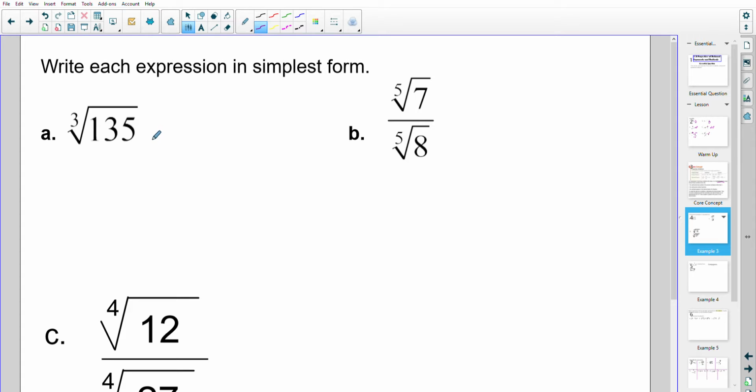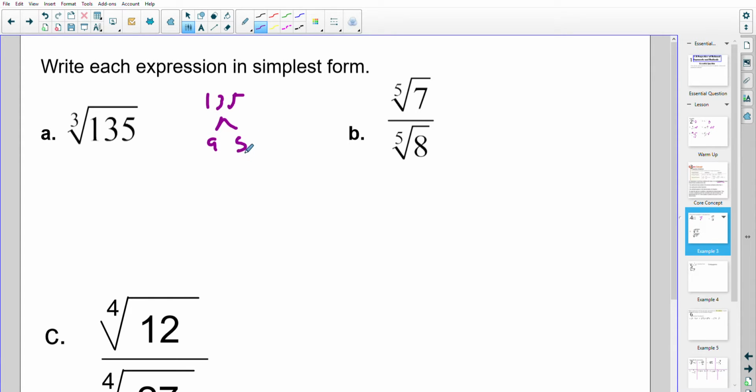In this particular problem, we want to figure out, is there a perfect cubed number in 135? I know that 9 can go into it. If I add these digits up and it's divisible by 9, then 9 can go into it, and that's how I figured that out.